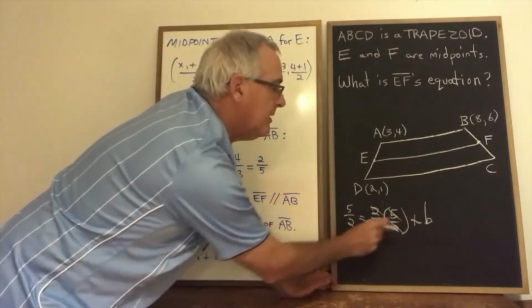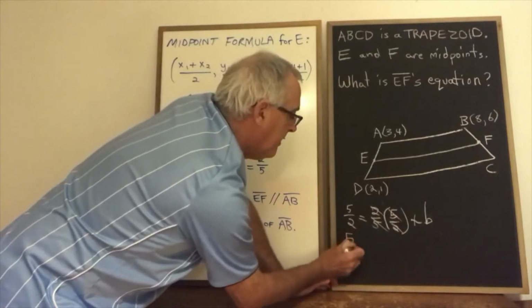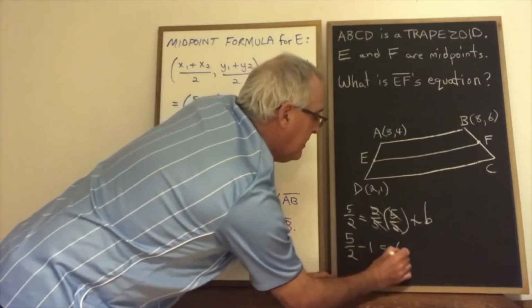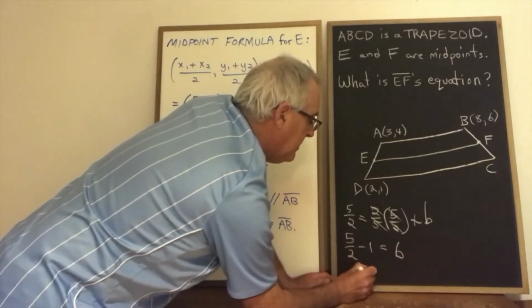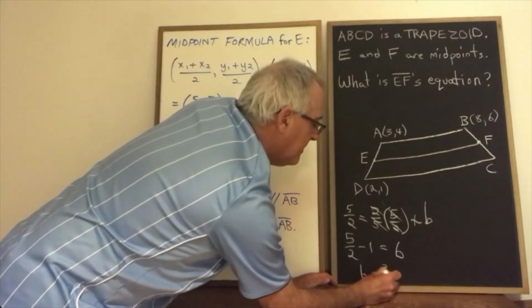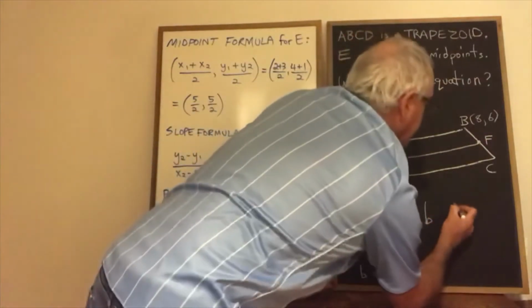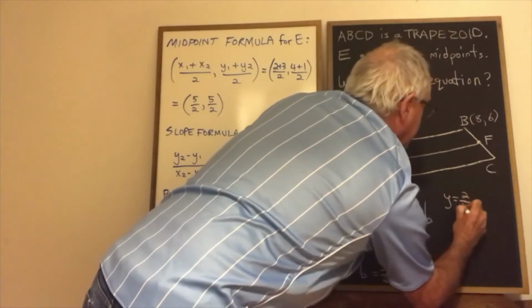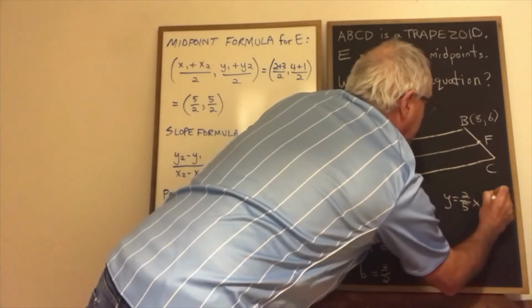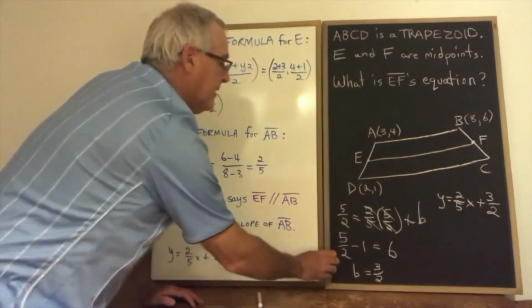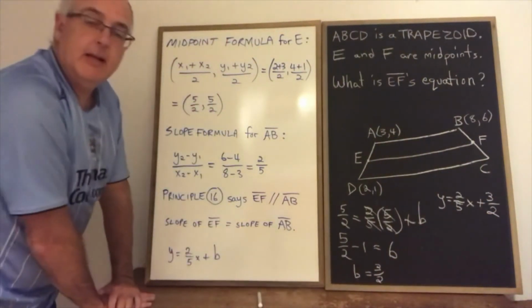Therefore 5/2 equals 1 plus b. 5/2 minus 1 is equal to b. That means b is equal to 3/2. The equation of EF is y equals 2/5 x plus 3/2. And we were able to do that thanks to principle 16.